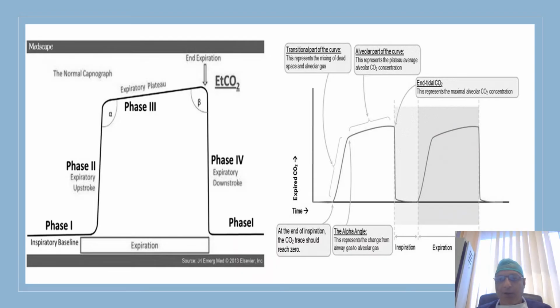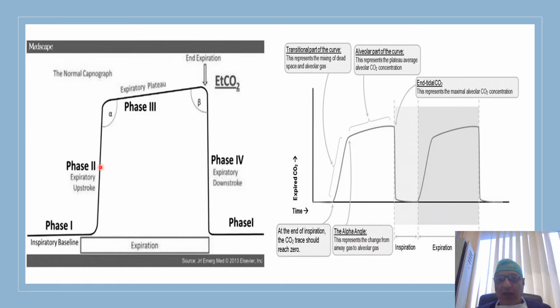This is a normal capnograph. Here you can see there are four phases: phase 1, phase 2, phase 3, and phase 4. Phase 1 is the inspiratory baseline, and the later part of phase 1 is the beginning of expiration. In the beginning of expiration, the CO2 concentration remains zero because of the exhalation of dead space gases.